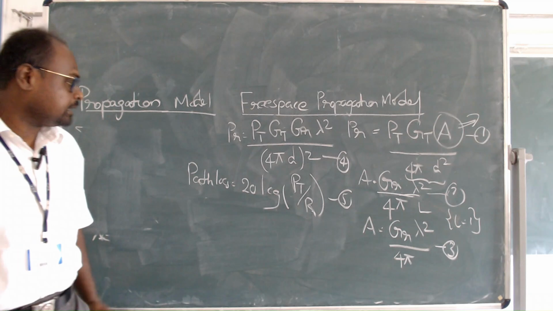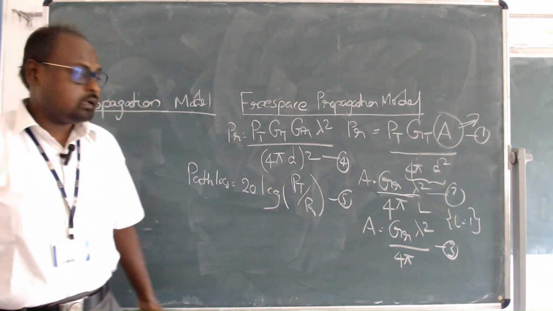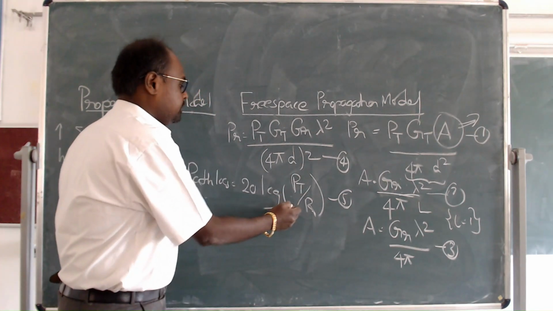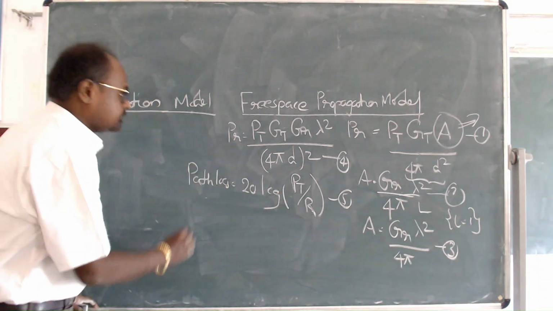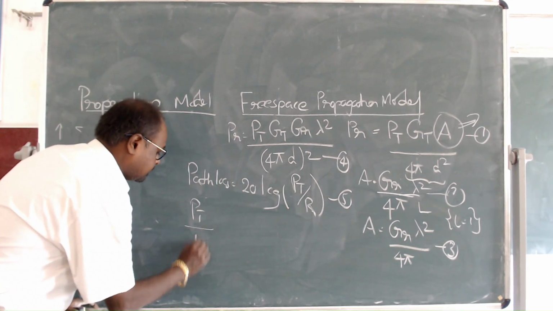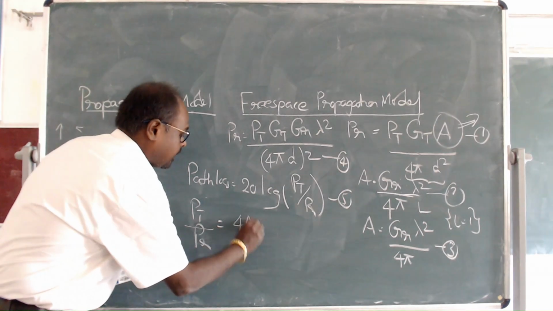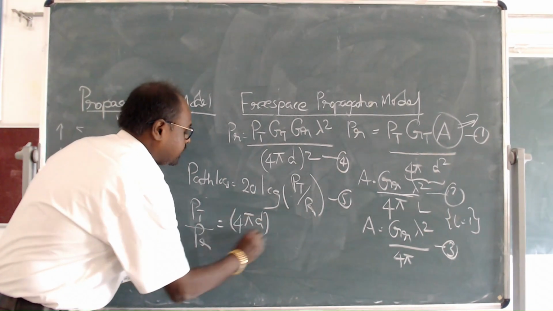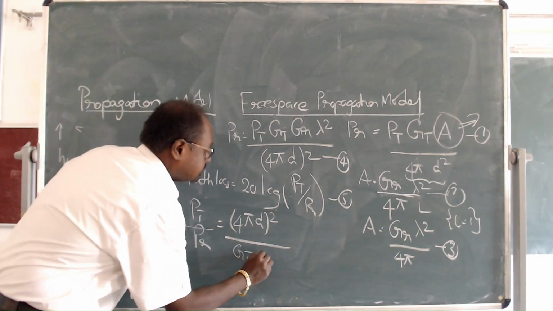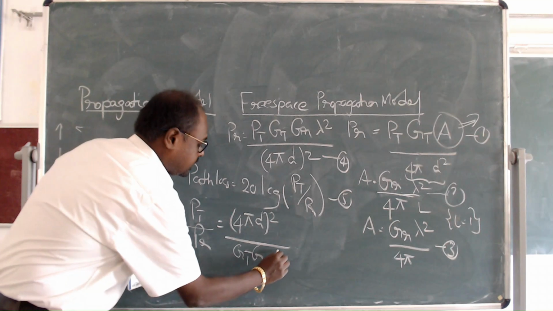Now the path loss equation is given by path loss equals 20 log PT by PR. Now we have to rearrange equation 4 in this form, Pt by Pr. So it will become 4 pi d the whole square divided by Gt Gr, then lambda square.